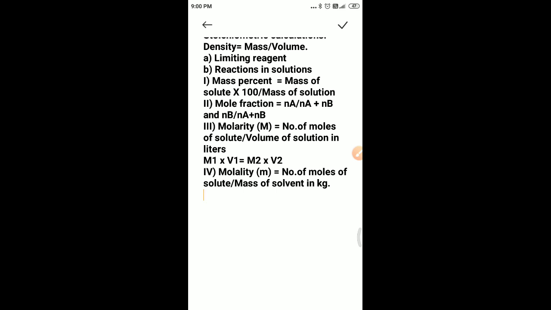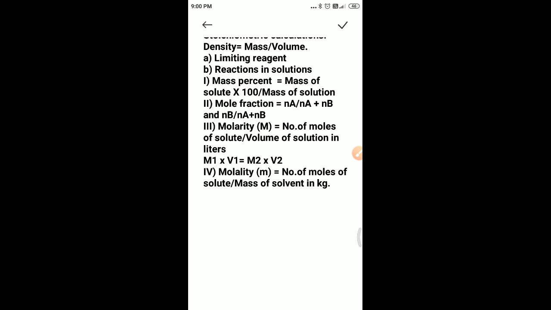Now how much volume do you have to take? From the concentrated solution, the volume which contains 0.2 moles of NaOH can be calculated as: if 1 mole is present in 1 liter or 1000 ml of solution, then 0.2 mole is present in 1000 ml divided by 1 mole into 0.2 mole.